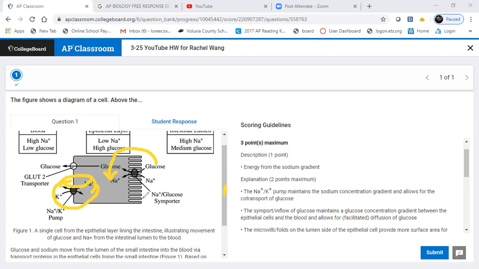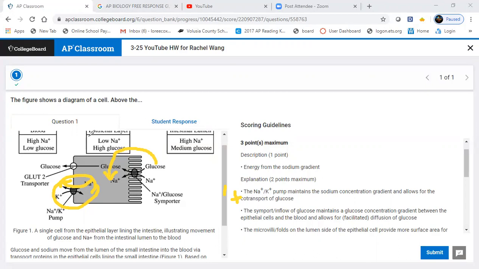Okay, if that pump wasn't working to pump it out, we would have no more sodium flowing into this epithelial cell, pulling the glucose along with it. So to maximize, that's where this pump is right here. So to maximize glucose movement into the epithelial cell, the sodium pump has to take sodium out.